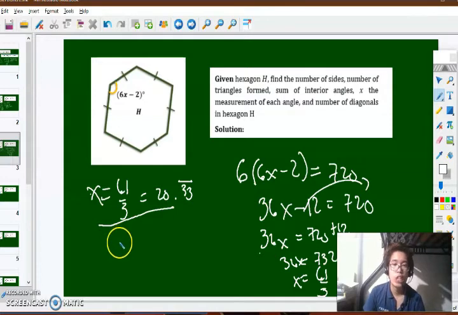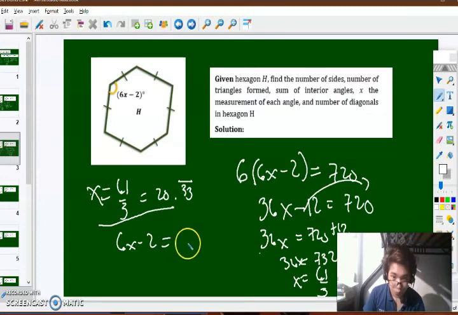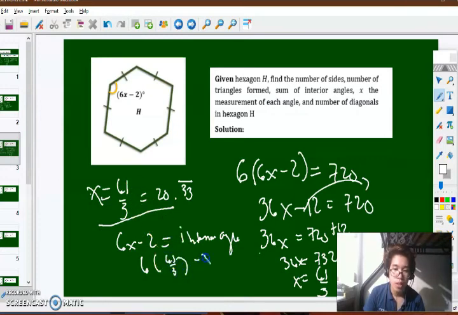So we're now solving for the measurement of each interior angle of hexagon H. 6x minus 2 is equal to the measurement of each interior angle. We simply substitute the value of x, which is 61 over 3, so 6 times 61 over 3 minus 2.